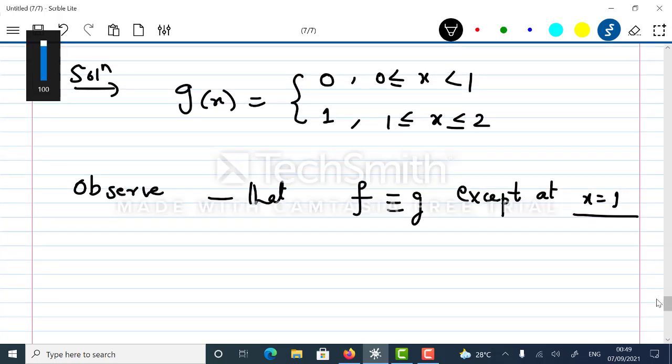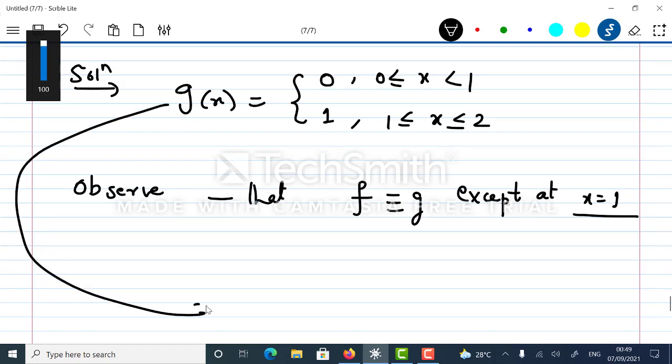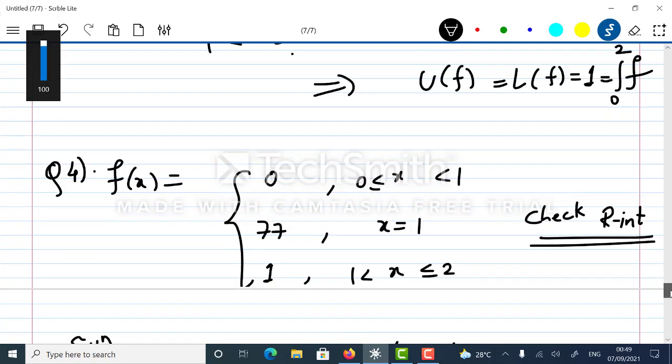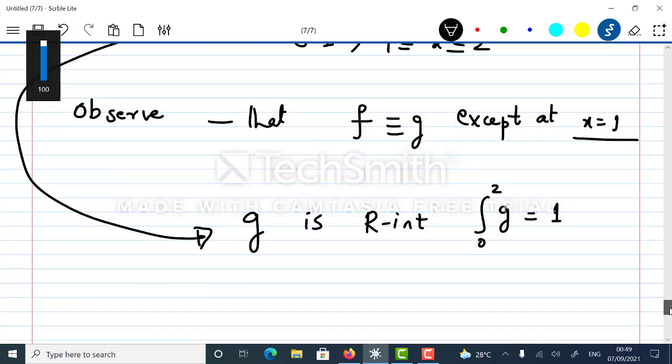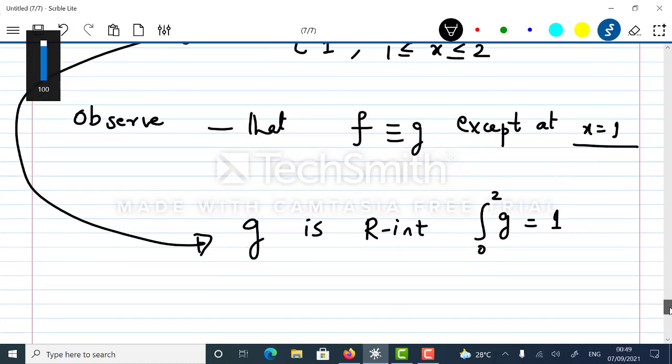We have proved one of the theorems, and we can see that g is R integrable, as in the previous example, and we have even seen the integral of g is 1. Yeah, just now we have seen. So g is R integrable.